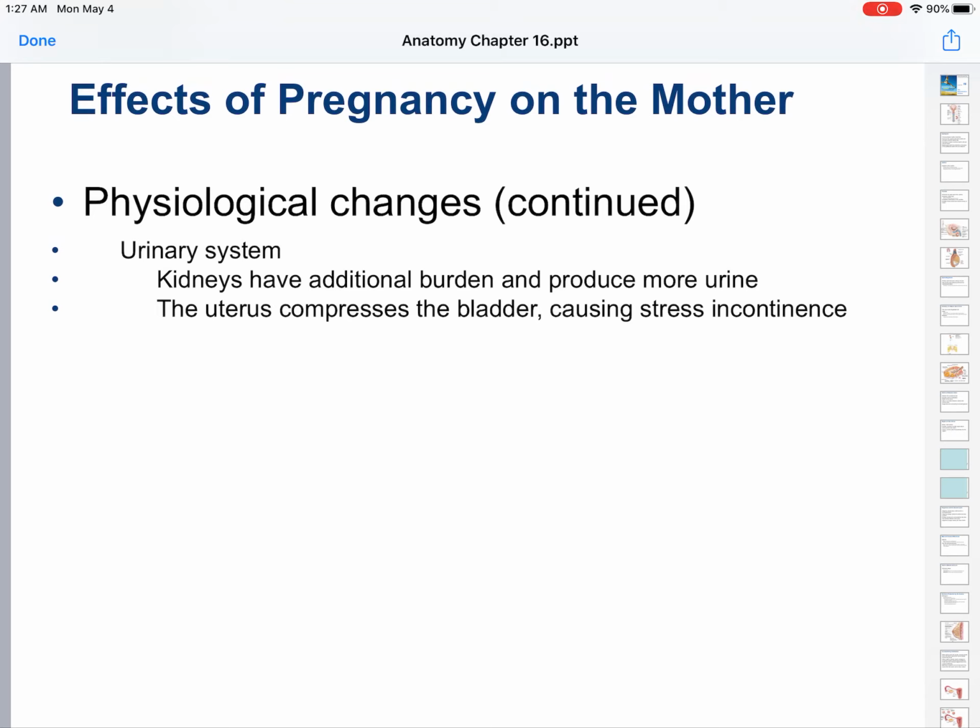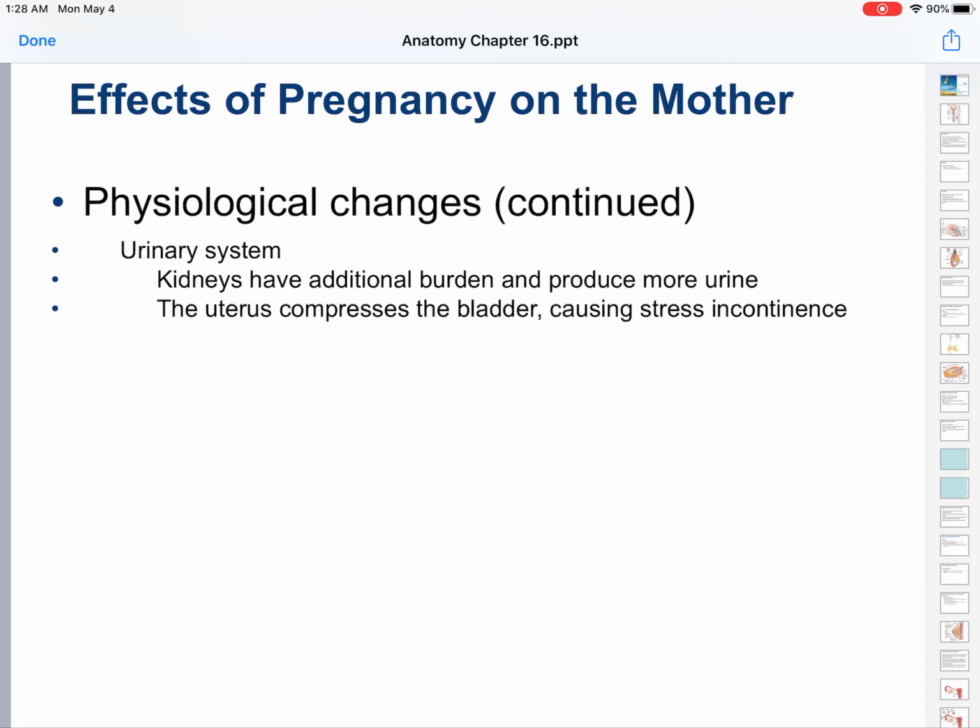Urinary system. You're producing a kid. You have much more body mass. Therefore, your kidneys have an additional burden and will produce more urine. But it seems also kind of counterproductive. While you're producing more, the larger you get, the more urine you produce, but the larger you get, the more it presses on the bladder, causing incontinence. Much more frequent urination.